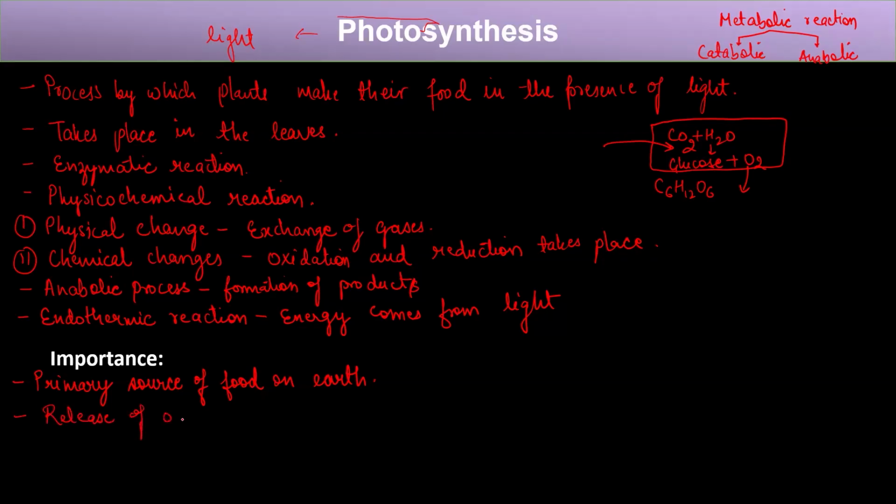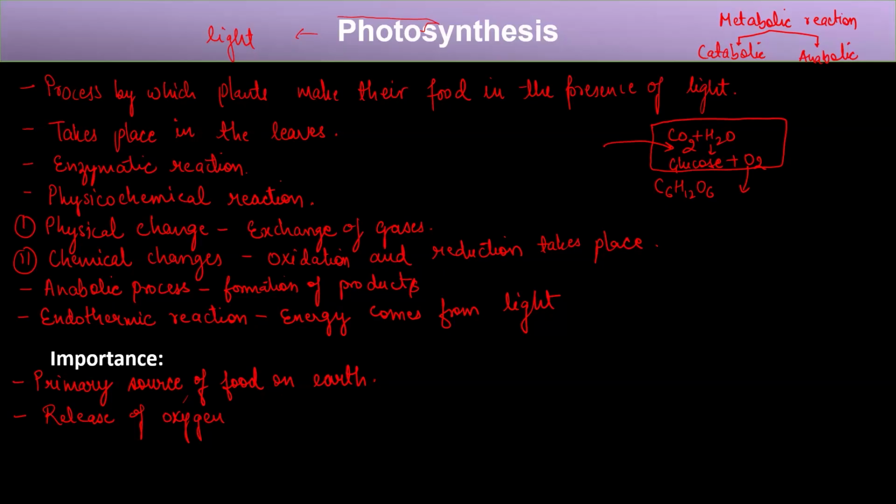And this oxygen is very important for all the animals on this planet to survive, right? And this oxygen comes from where? From the plants. Okay. So these are the two importances of photosynthesis: the primary source of food, and second, it causes the release of oxygen that leads to the survival of all the animals.